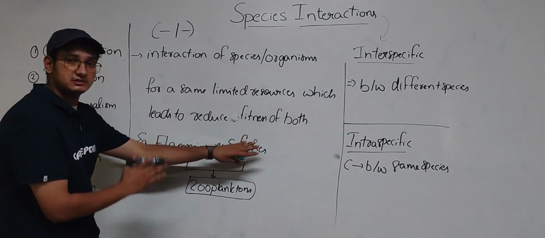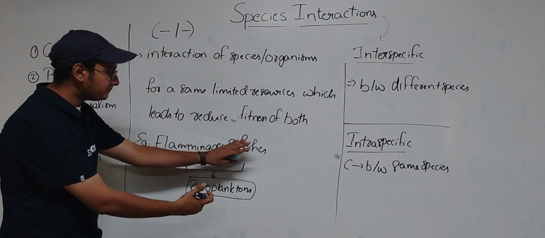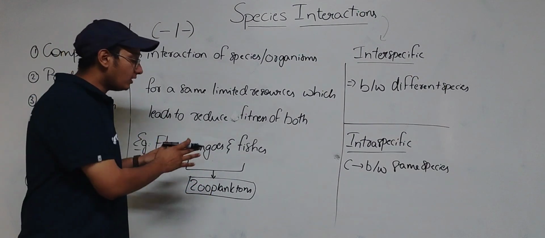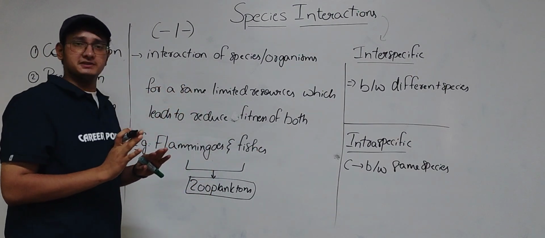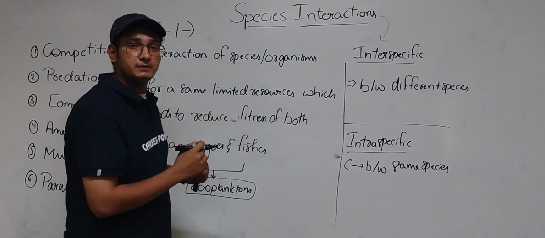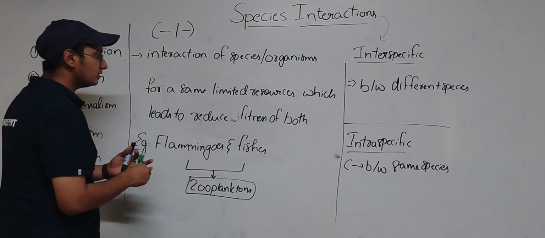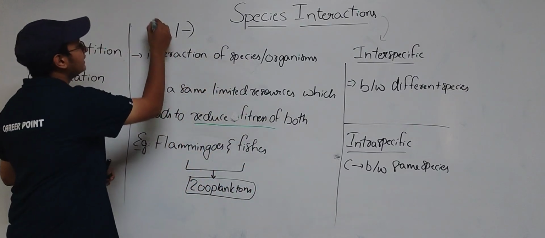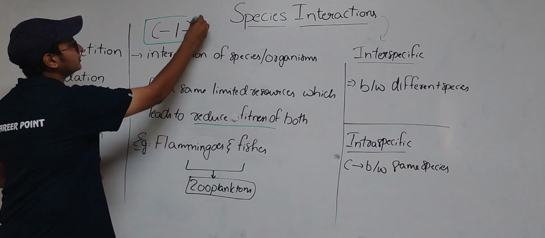If there are no fishes, only flamingos, 100% will be consumed by flamingos. Now both are present. What will happen? 50% will be consumed by them and 50% by them. So here both their fitness got reduced.